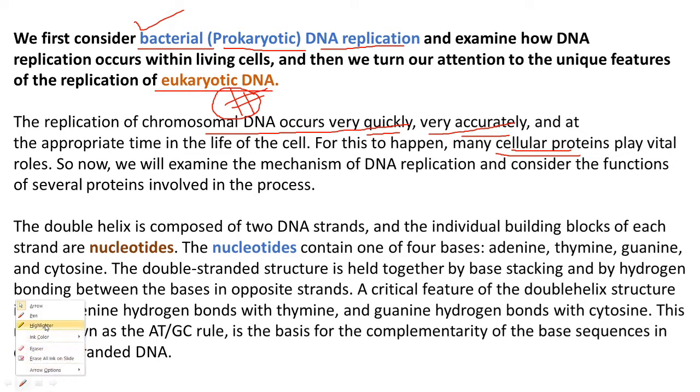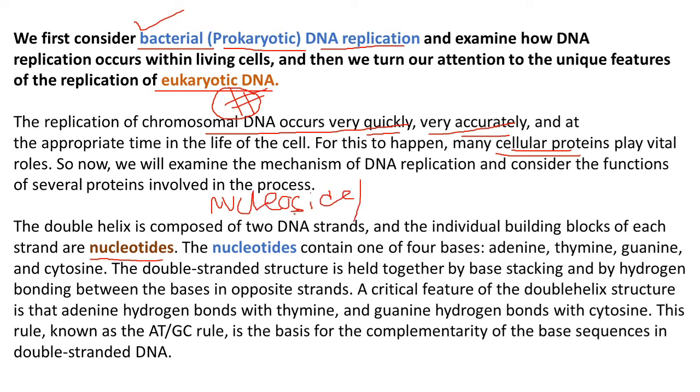So here the term comes nucleotide, and another term is nucleoside. There are differences between nucleotide and nucleoside, not only the letter S, there are many other differences. We will discuss the difference in our next slide. So let's continue the slide.